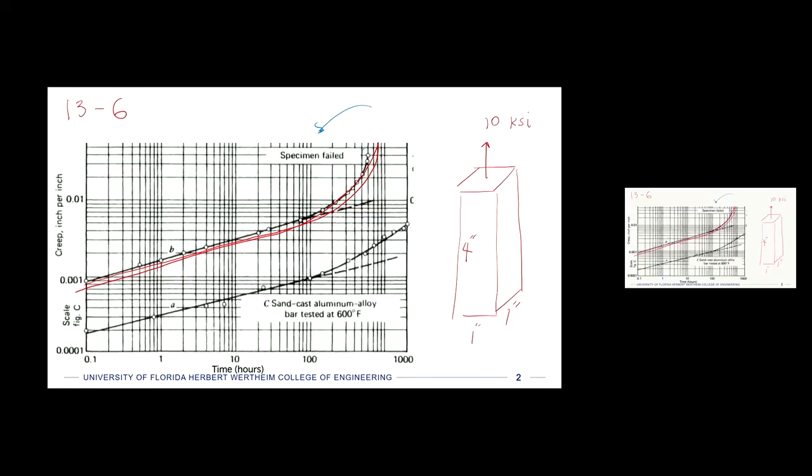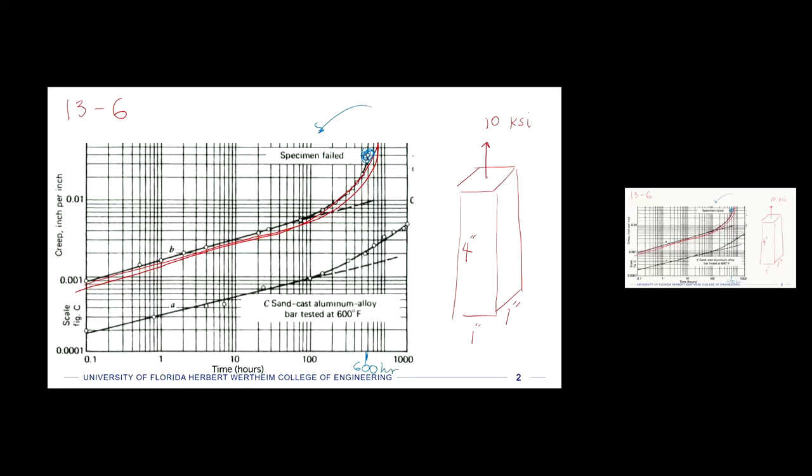And so if we look at that point where the specimen failed, we can read off, or at least if you have your textbook, you can read off, as it's tiny lines here. It's about right here. So when we're in a log scale and we have those minor lines, we can count by hundreds in this case, so 2, 3, 4, 5, it's about 600 hours.